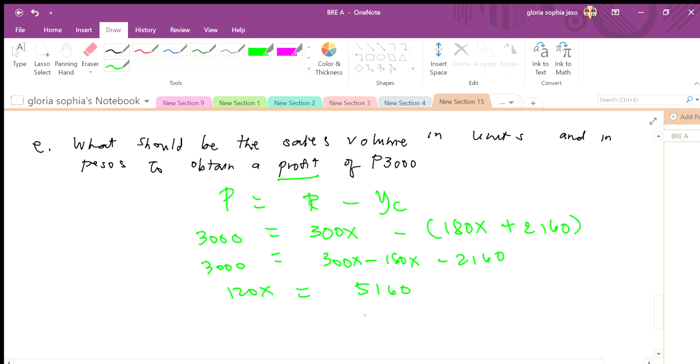Then, dividing both sides by 120, x is 43. So, we have to sell 43 bags in order to obtain the profit of 3,000. Okay?